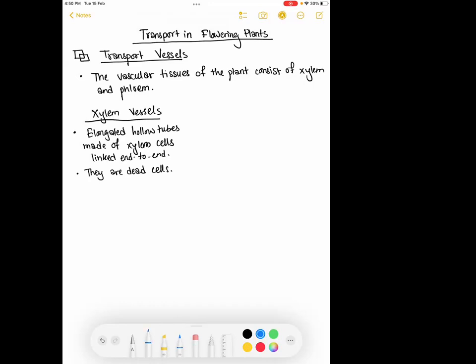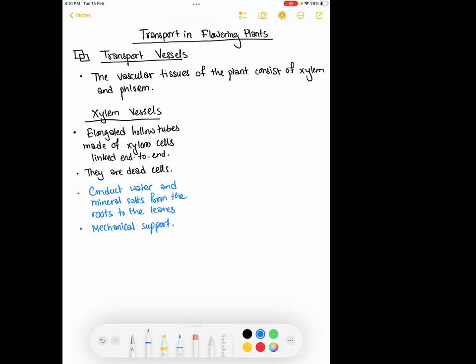Now the ones that I'm writing in blue are the functions, okay? So what are the adaptations to these functions?